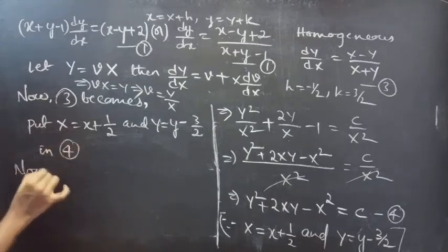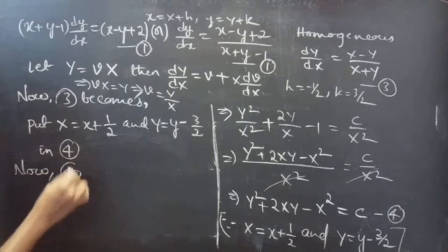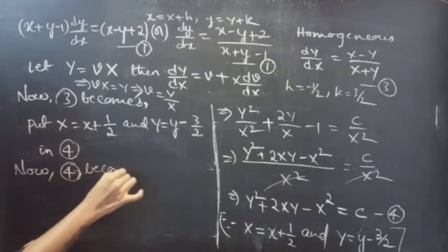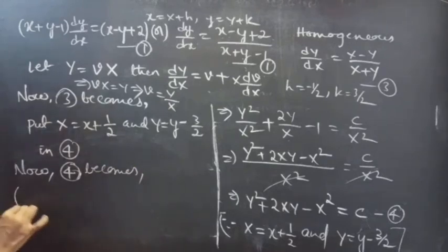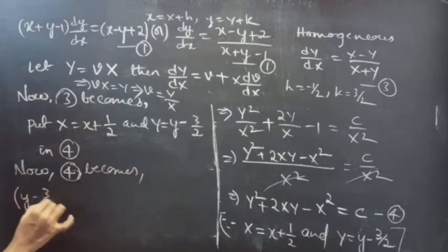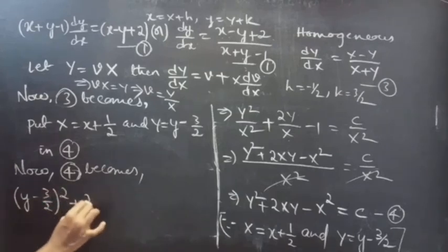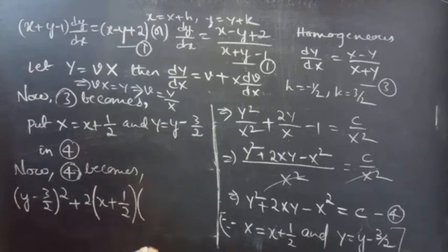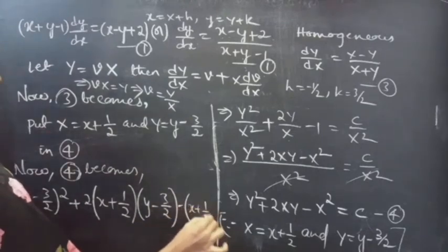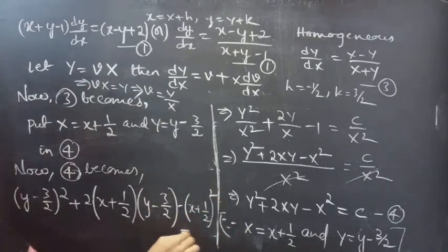Now 4 becomes y square, that is small y minus 3 by 2 whole square plus 2xy minus x square equals C, which will be the required general solution.